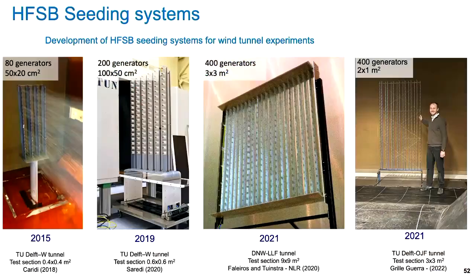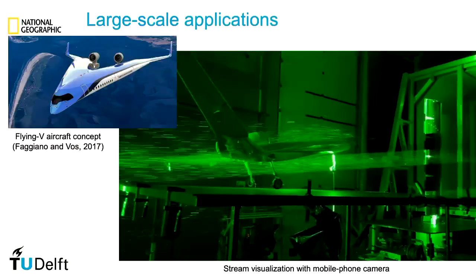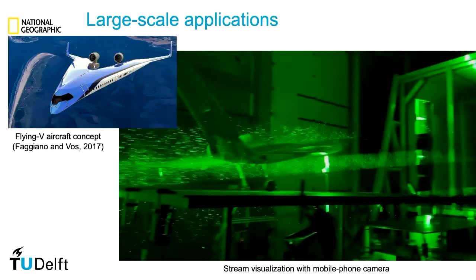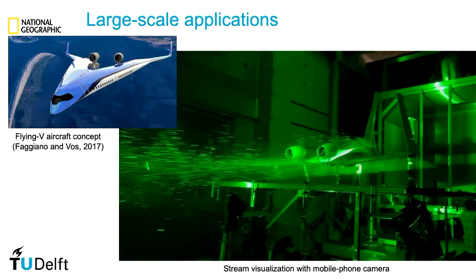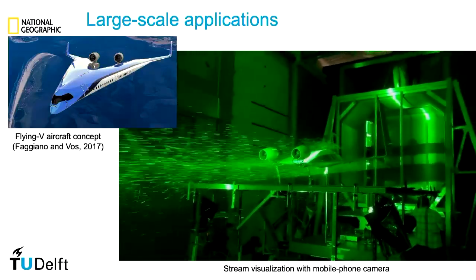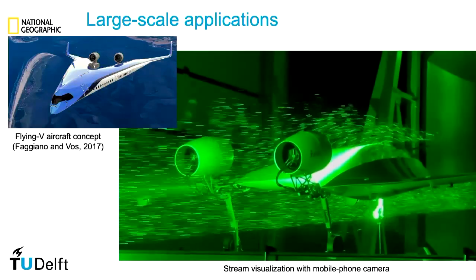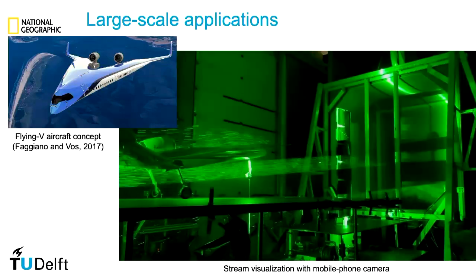This means that you have to engineer this system with hundreds or even thousands of generators, so it is quite an expensive exercise. It is still not much practiced, but I hope to see it more in the field. And then the result is that you can study systems of the order of several meters. This is a video taken with an iPhone, so you can see how much more contrast you get in these pictures.